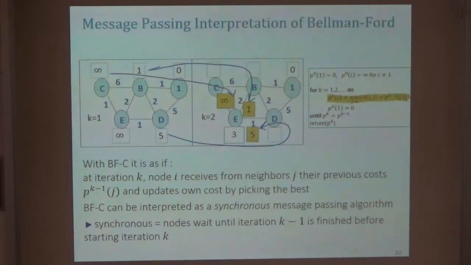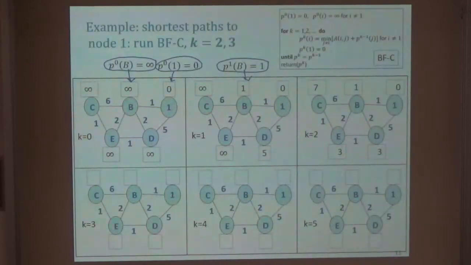The messages will go at their own pace. So if we continue this, this is what we will have for k equal 2. At k equal 2, we find the values that are given here. So C believes it is at the distance of 7, which happens to be true in this case. E believes it is at the distance 3 of 1, etc.